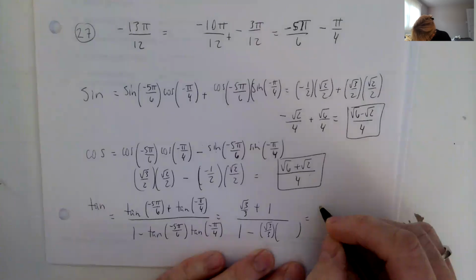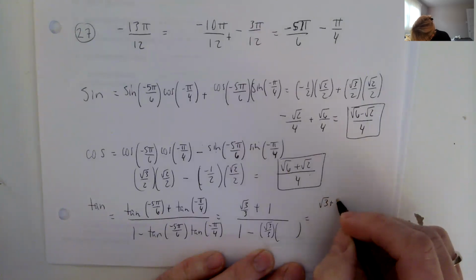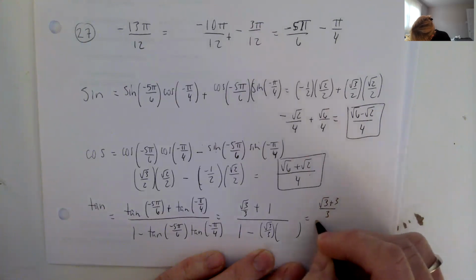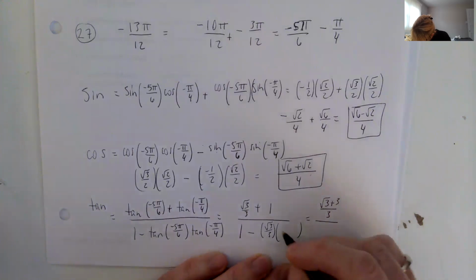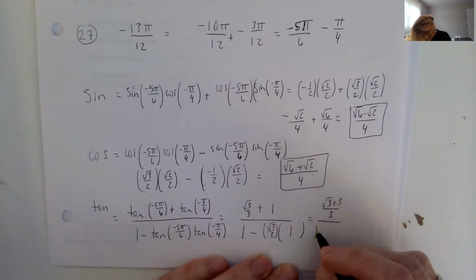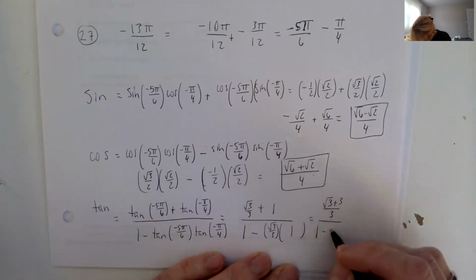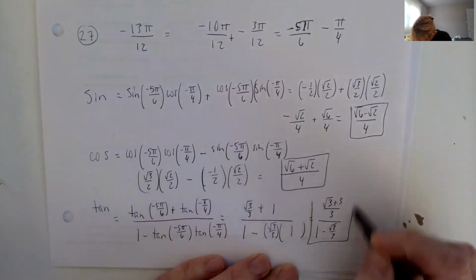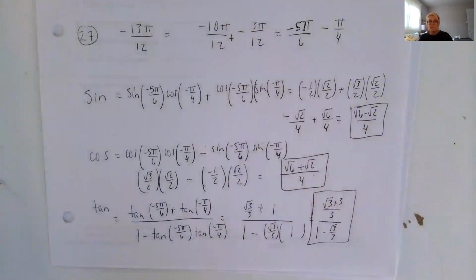So this is the square root of 3 plus 3 over 3 when I get a common denominator. And that's a 1 there. So then this is 1. So then this is going to be 1 minus the square root of 3 over 3. And they're opposite signs, so it can't simplify anymore.